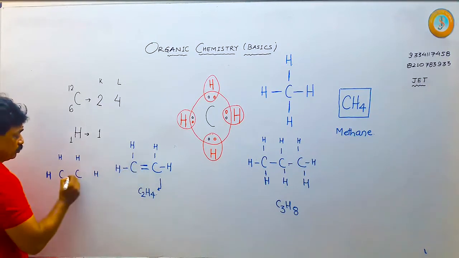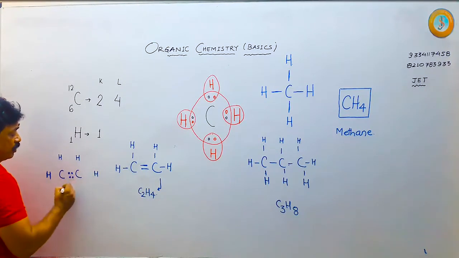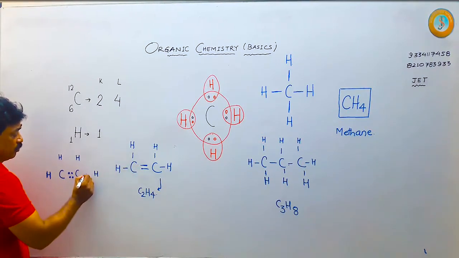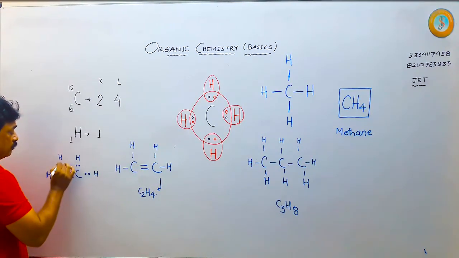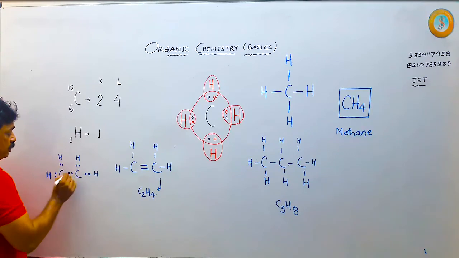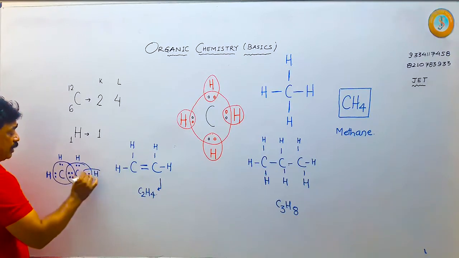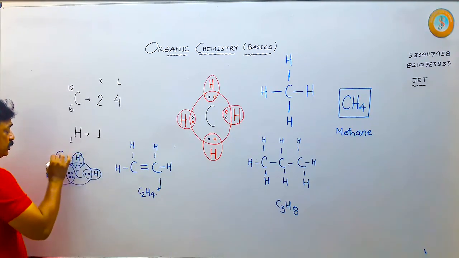See, very easy. 1 pair, 1 pair, 2 sticks, so 2 pairs, 1 pair, 1 pair, 1 pair and 1 pair. Now have a look, around this carbon, octet is over. Have a look around this carbon, octet is over, and the rest of the hydrogens have a duet.